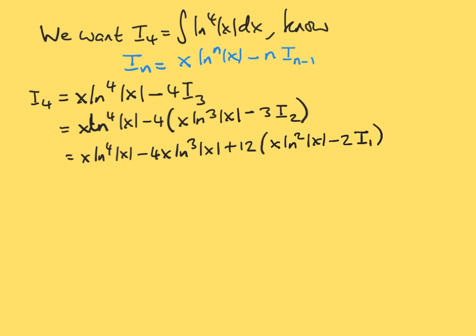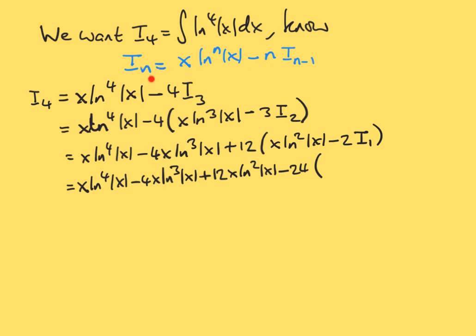Now, I1 you might know off by heart, but let's assume that you don't. So we're just going to use this formula again. So we're just going to write x log to the fourth of x minus 4x log cubed of x plus, and now we're going to expand the brackets, so we get 12x log squared of x minus 24, 12 times 2, and now I'm going to open the brackets, and I want to rewrite I1 using this.